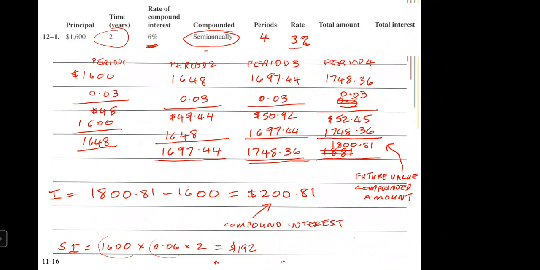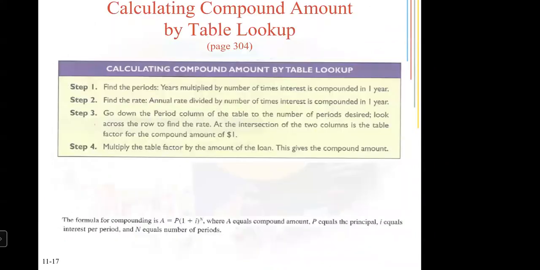And so if you have to do a calculation like that for 30 years, it's going to be very tedious. So there are multiple approaches, okay? So one approach that could sort of shorten the work is to use tables. So they have what they refer to as, let me see which page is that, 304.